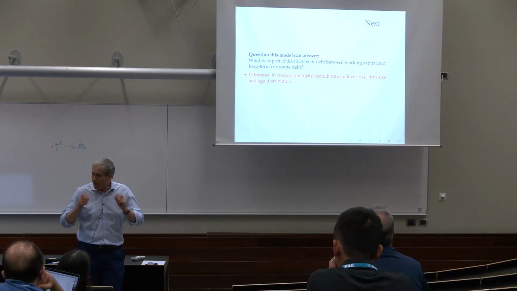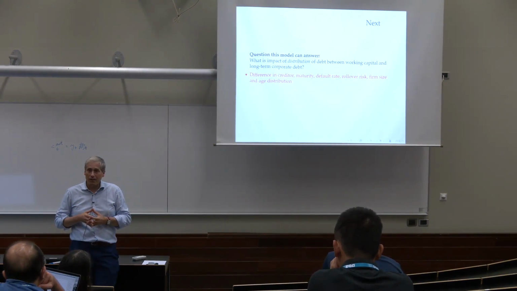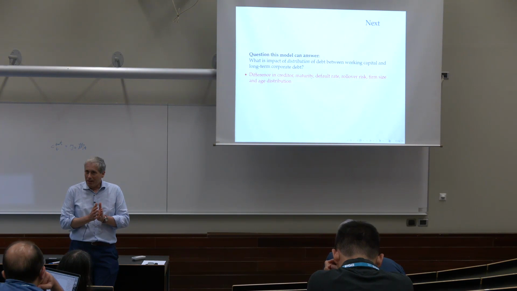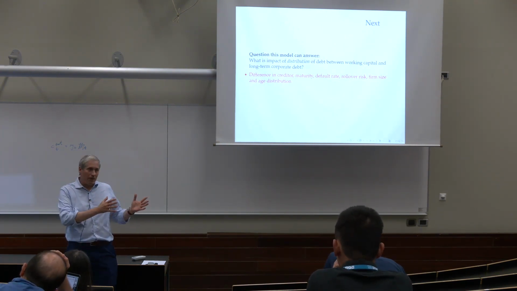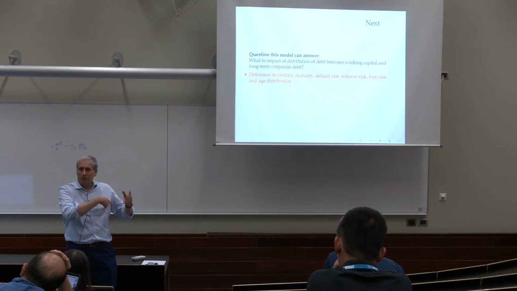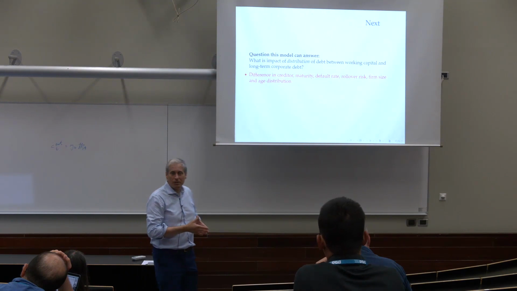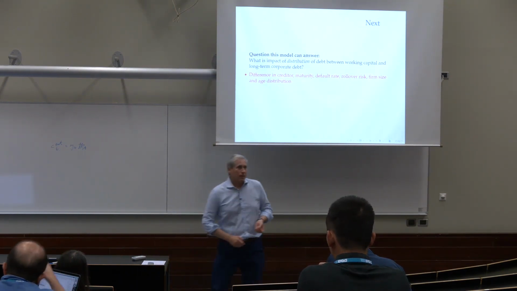So when we think about where to go next and where this model has a lot of potential, it is to think about, well, what's the difference between having a lot of corporate debt or having very high level of working capital, revolving credit, short-term debt to finance inventories, for example, or liquidity borrowing.